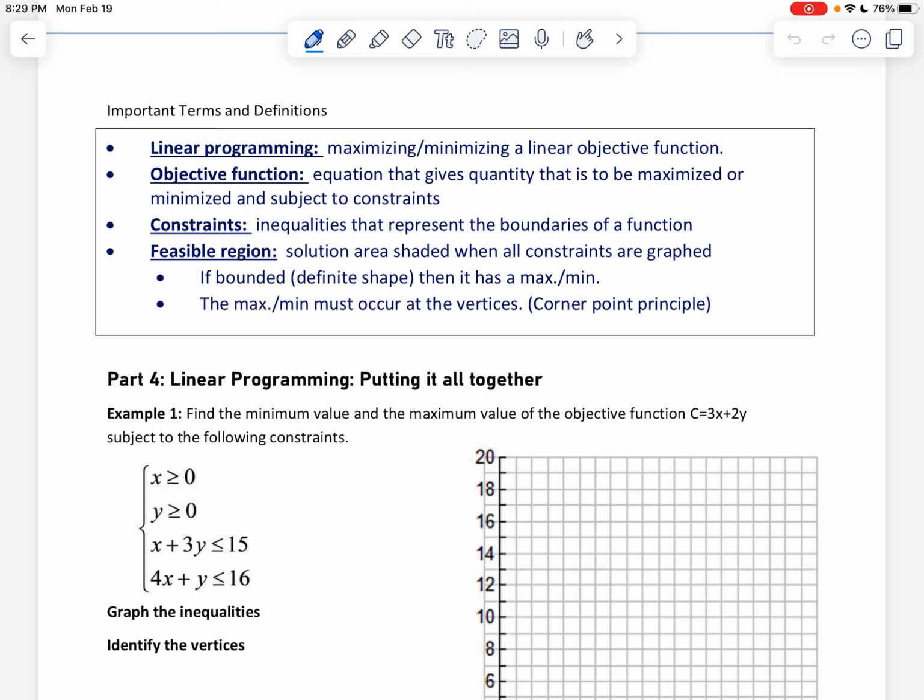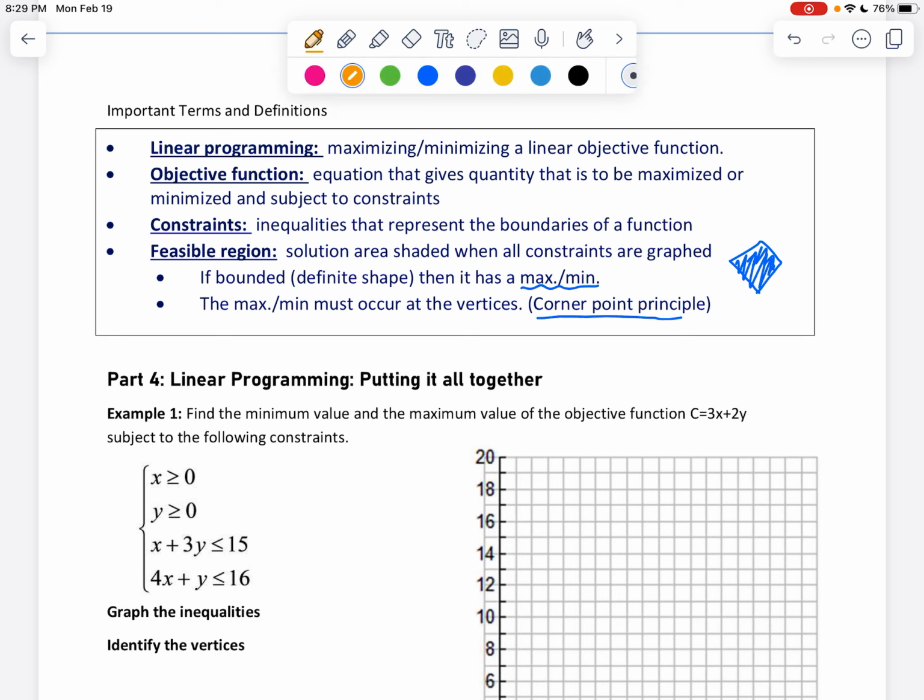But a bounded shape, it has sides, right? It has all sides, and then the most shaded region would be in between these points. And so this type of a region always has a maximum or minimum. We can maximize or minimize that function. And when that is true, then we have a uniqueness about that, which is the corner point principle.